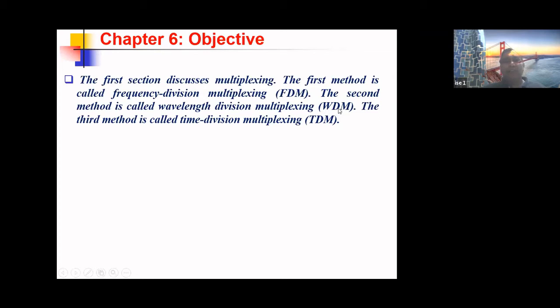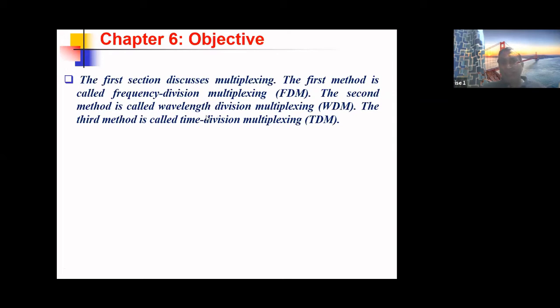For wavelength division multiplexing, we call this WDM. And time division multiplexing, we call TDM. Time division multiplexing is divided into two parts: synchronous time division multiplexing, and statistical time division multiplexing.